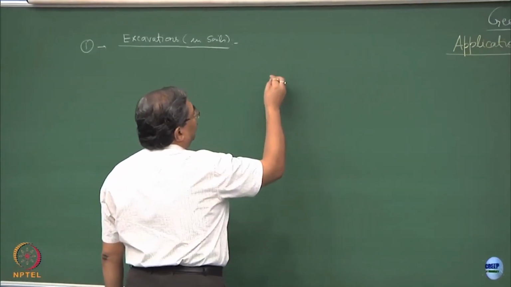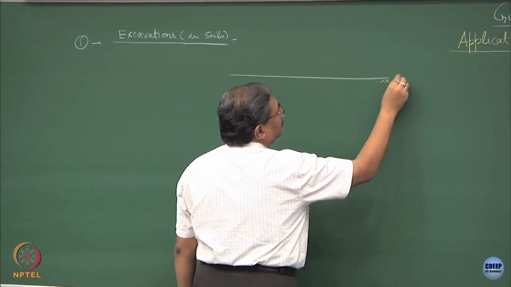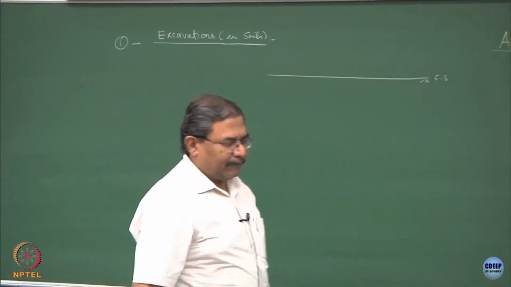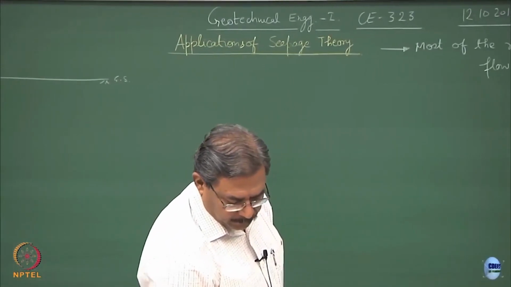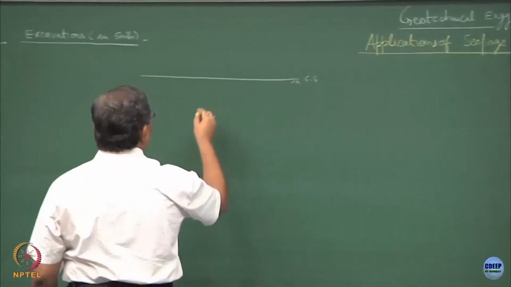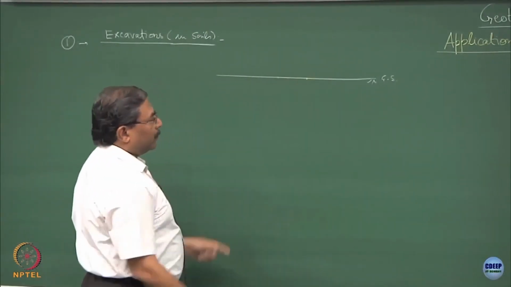I am sure you must have seen, or you will realize, that suppose this is the ground surface and I want to excavate to create some facility, I will have to start digging, depending upon the corridor.